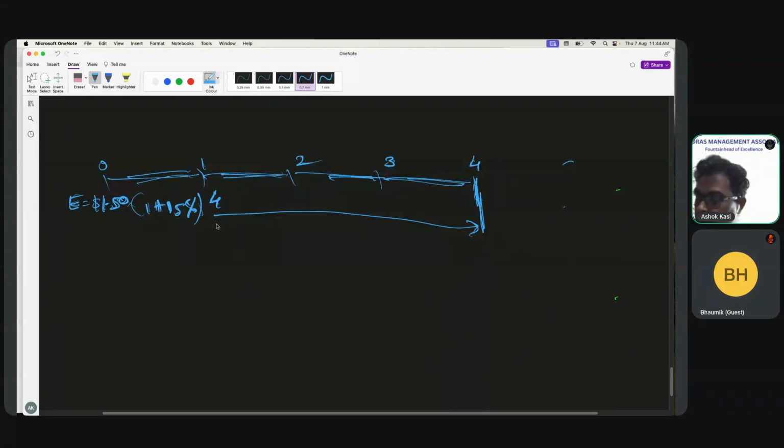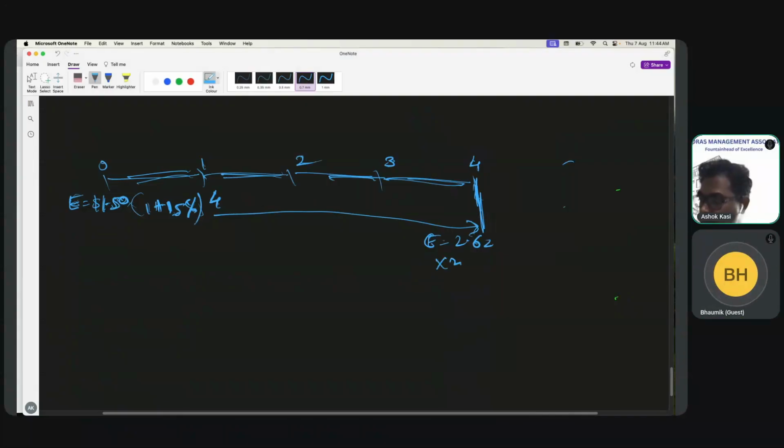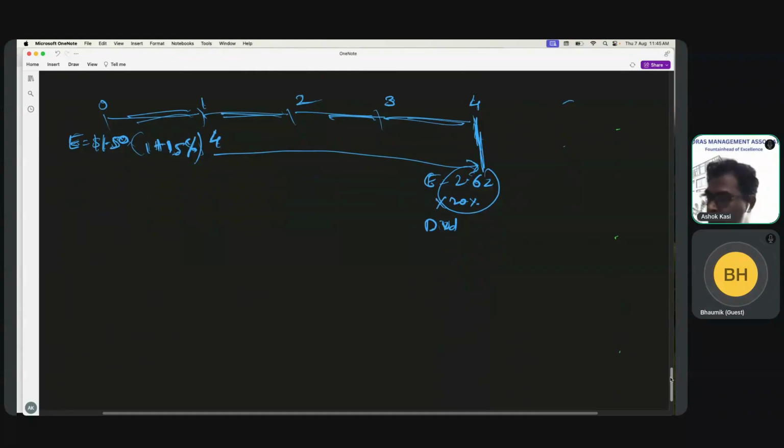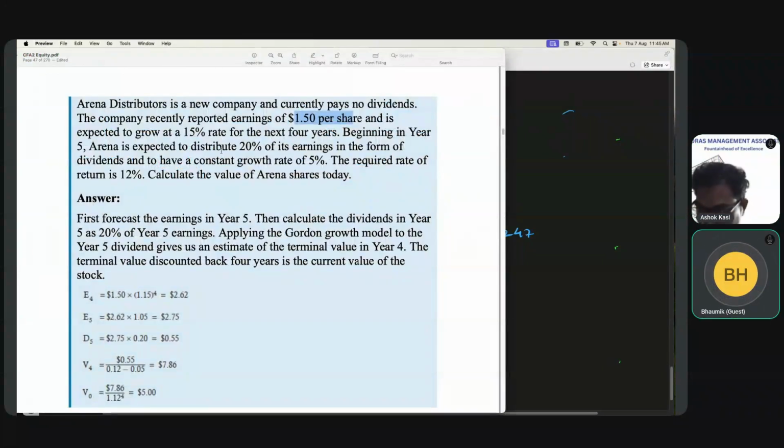So now, 2.62 is the earnings. From here on they are going to pay 20%, so 2.62 into 20% for the dividend is 0.5247. Then it is expected to pay 20% in the form of dividend and to have a constant growth of 5%.